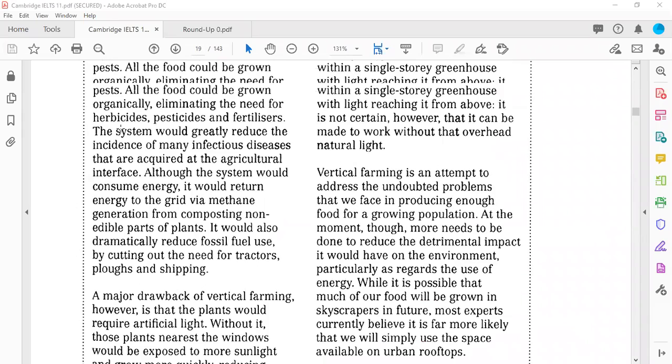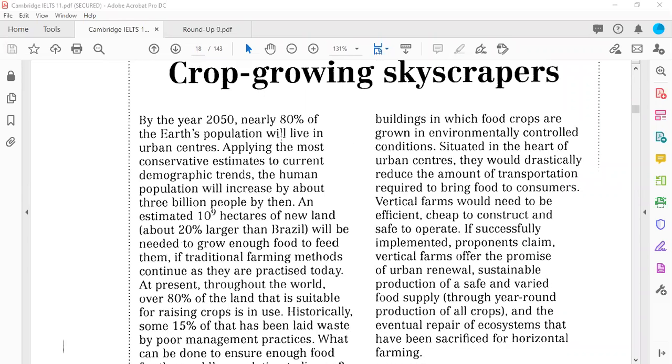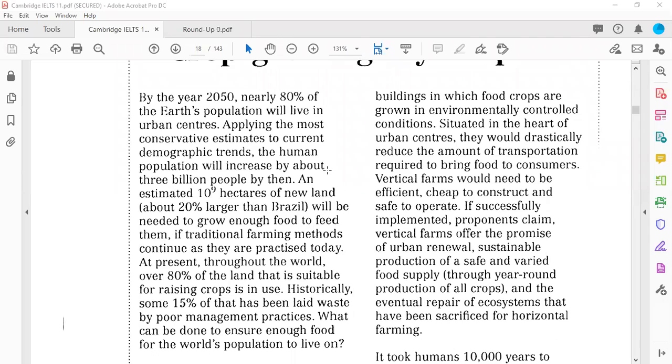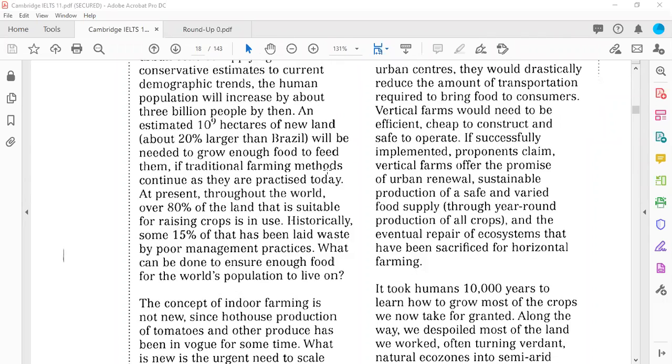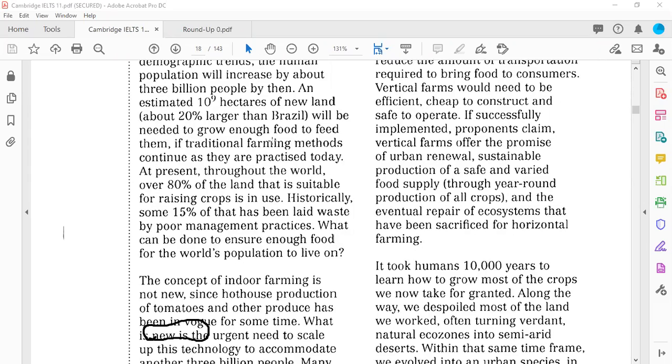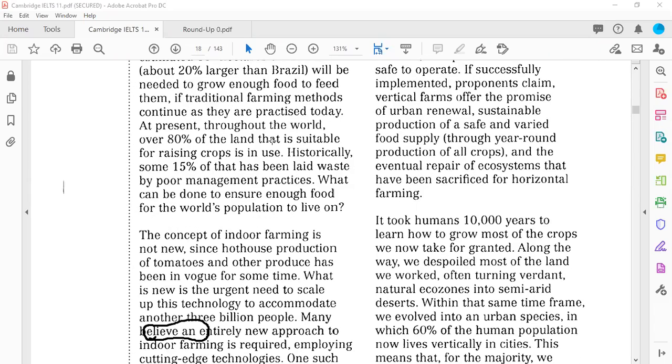So they would be located where if they were close to customers? This could be a possible answer for number 1. Tomatoes.